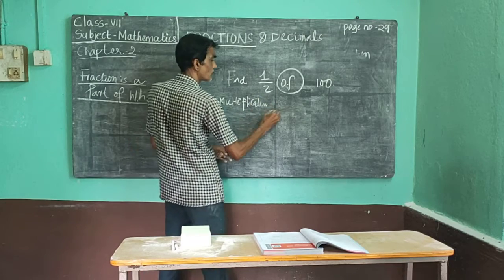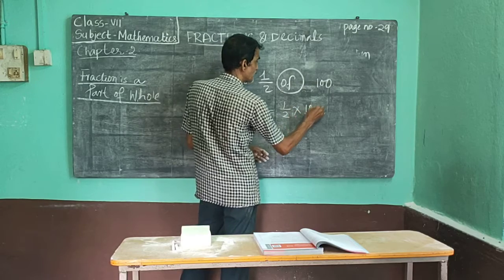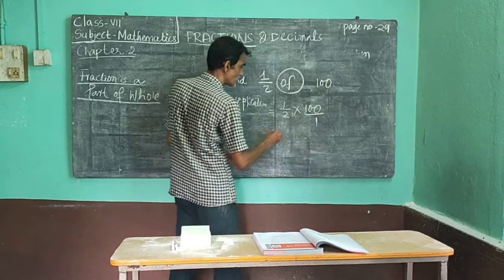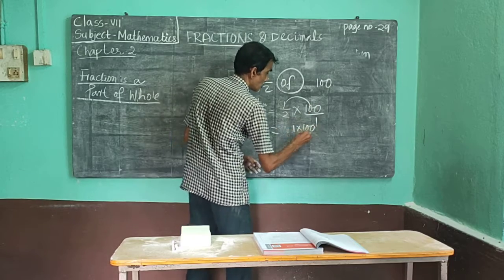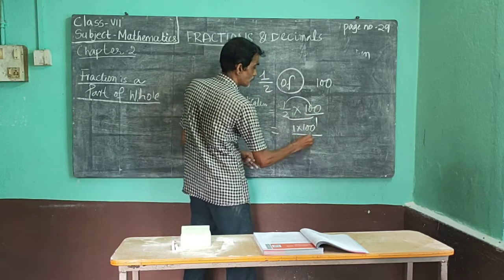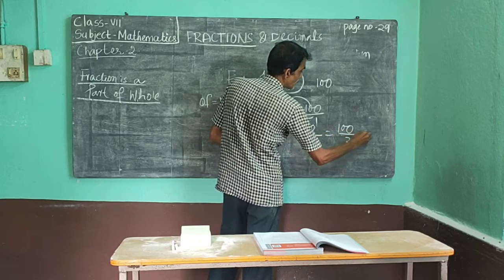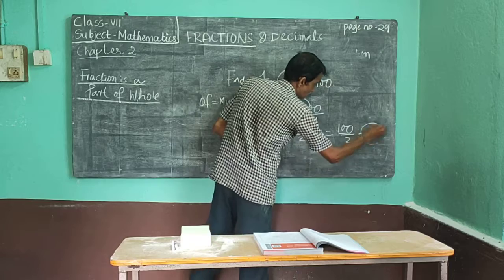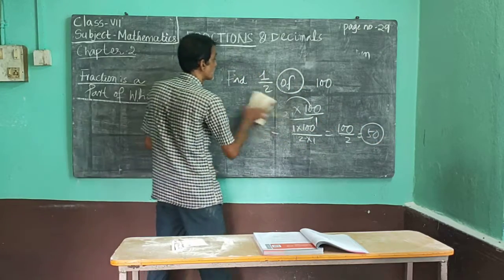So convert that one. 1 upon 2 of, multiply sign, then 100. Similarly, numerator with numerator, denominator with denominator. So 100 upon 2, now reduce and write your answer. Your answer is 50.